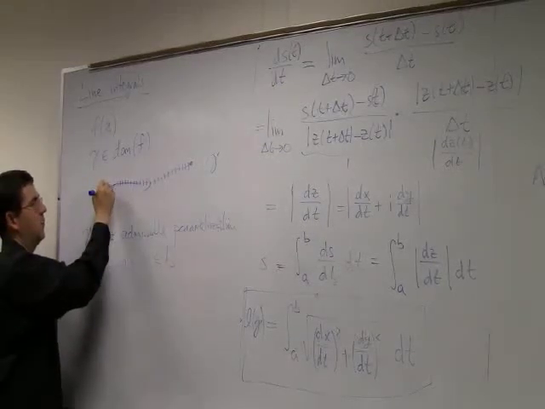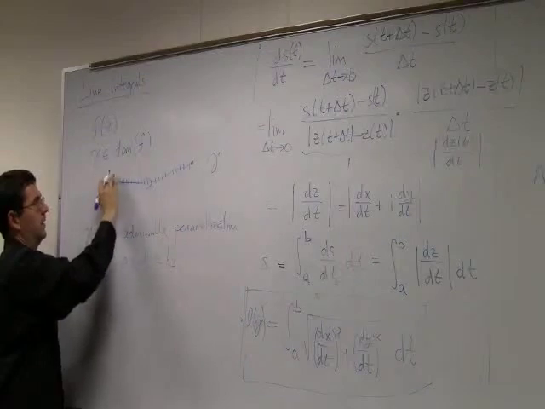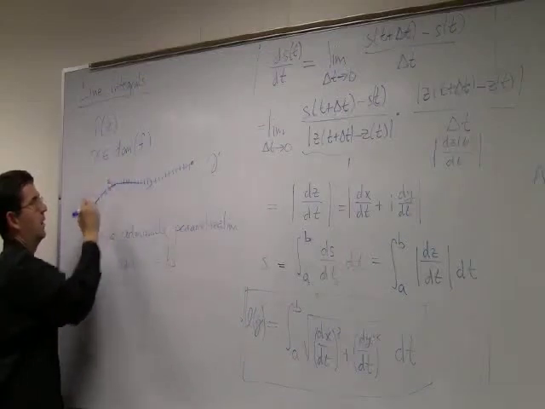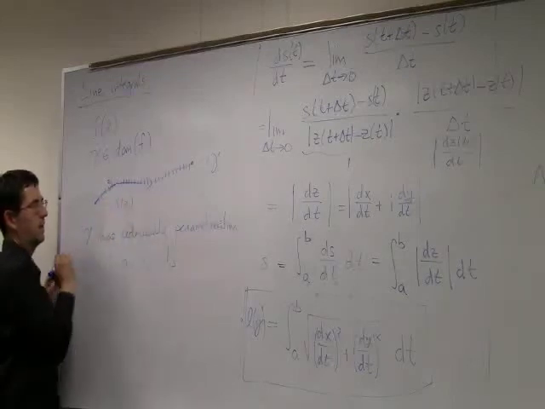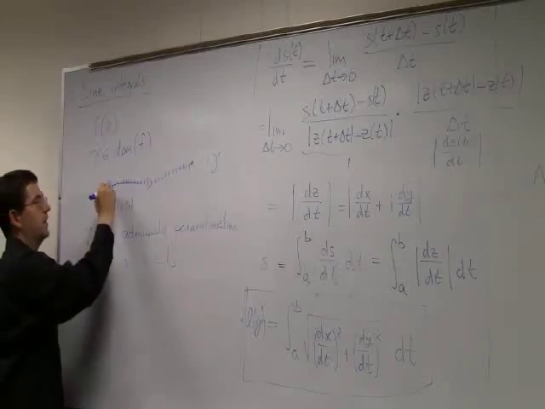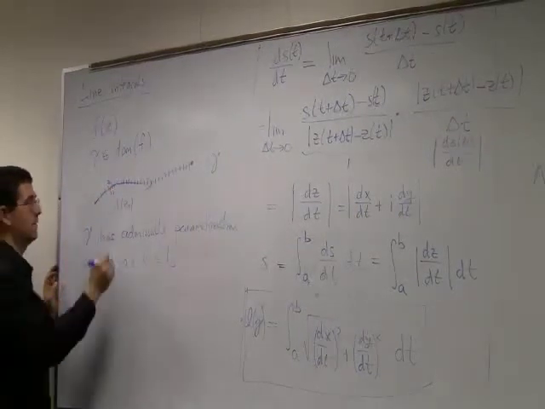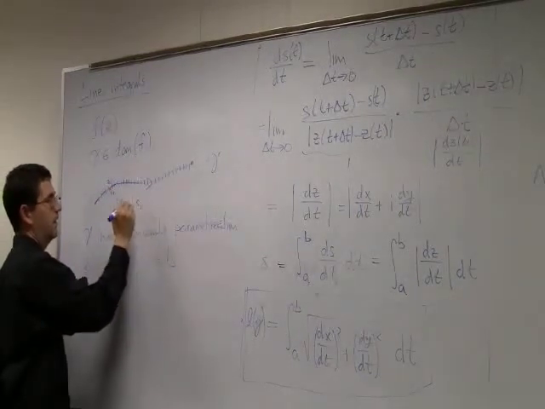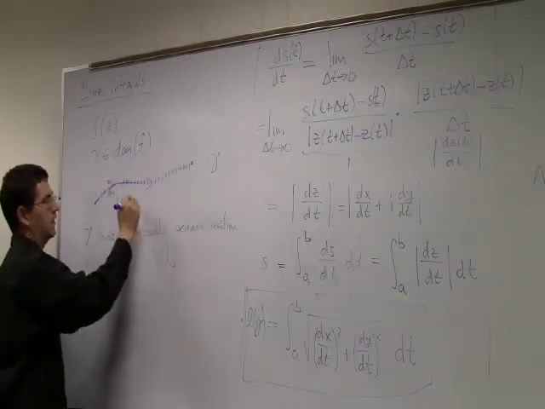We take this point, and we'll call it zi. You evaluate the function at zi, and then you multiply by the length. So let's say the length here is s sub i. So you'll multiply this by s sub i, or maybe we'll call it delta s sub i, so it looks like a small change.